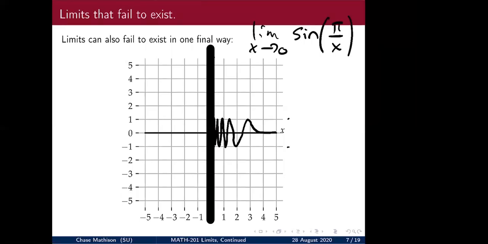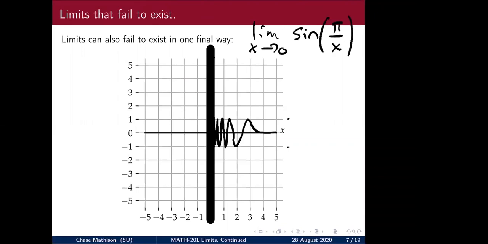In this case, it doesn't really help because as you approach 0 from the right, this function never settles down to one number. Okay? So that's the third way that a limit can fail to exist. You can have these wild oscillations as you approach a number between two fixed things.